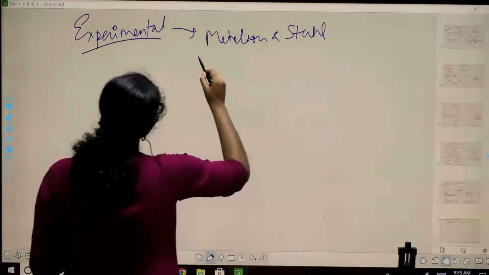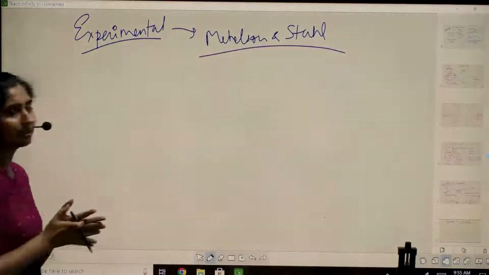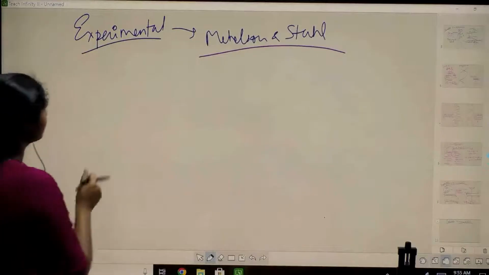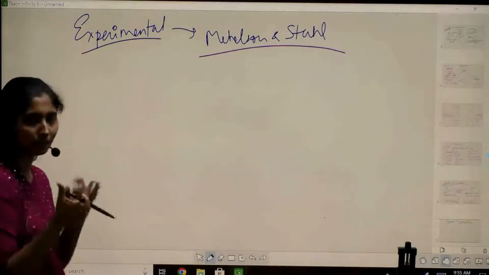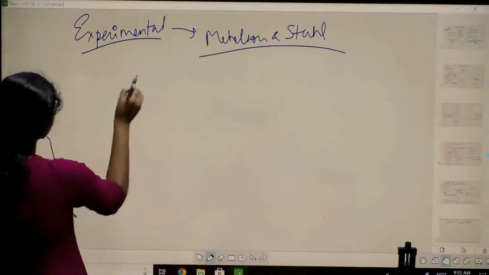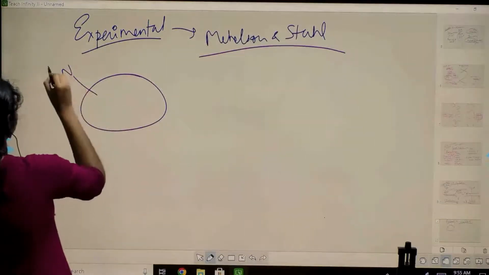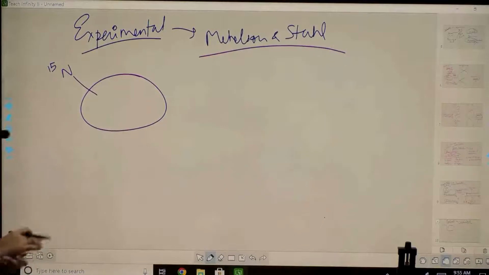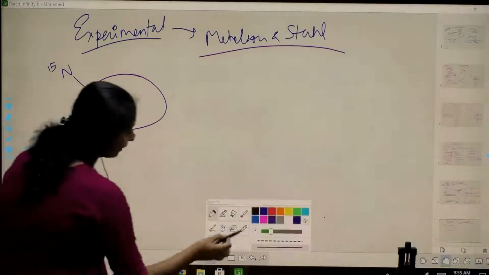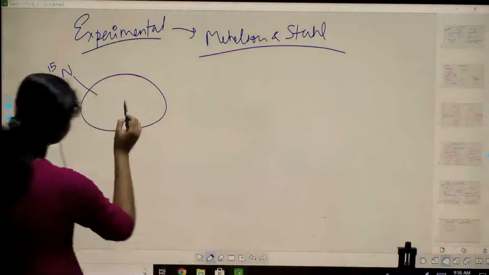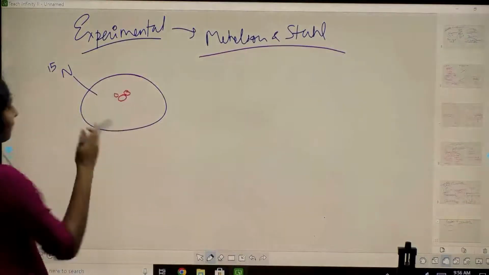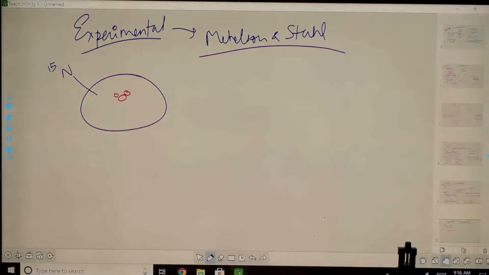In the Meselson and Stahl experiment, they took some bacteria, that is E. coli, and they grew it in a medium that contained heavy nitrogen. N15 is the heavier isotope of nitrogen. The one that we normally have in our atmosphere is the lighter one, that is N14. Okay? So they grew bacteria for many generations in the N15 medium.